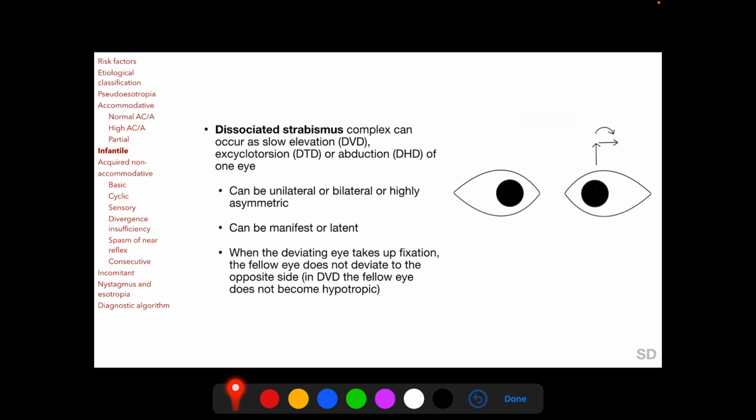What is characteristic of dissociated strabismus is that when the eye which has moved out of position again takes fixation, the fellow eye does not deviate towards the opposite side. For example, in dissociated vertical deviation, the deviating eye elevates, and when it depresses to again take fixation, the fellow eye does not depress and does not become hypotropic.